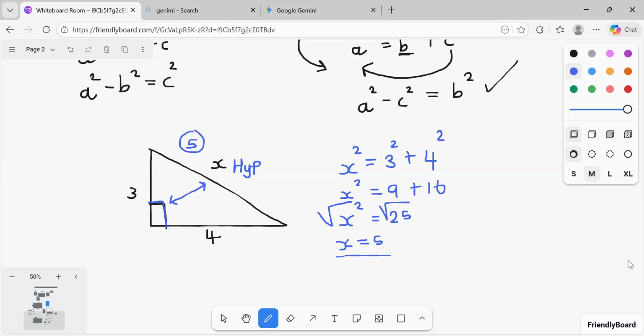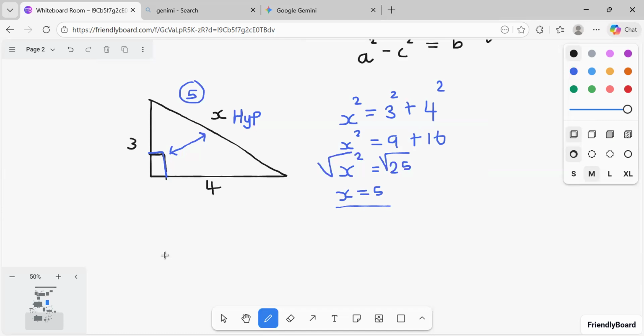All right. So let's assume we were asked to find this side here. Okay. So I'm going to draw the same right angle triangle. So let's say our hypotenuse is 5 and this side is 4.